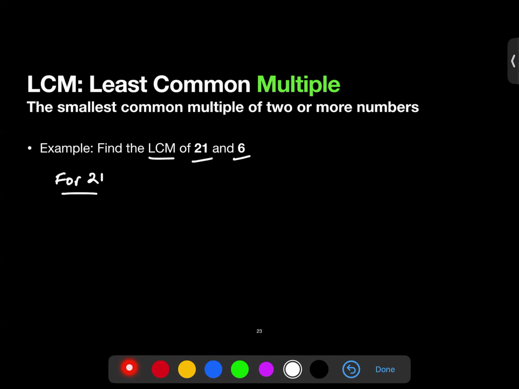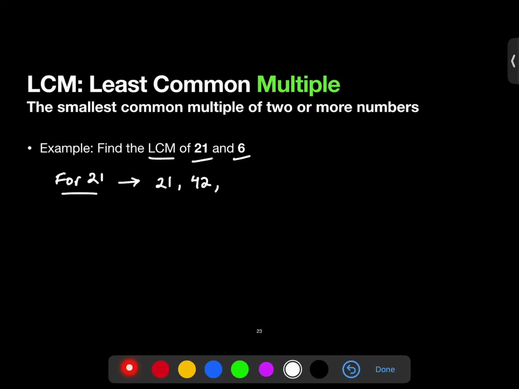One. 1, correct. So 21 times 1 is 21. Next, we'll try 2. So 21 times 2 is 42. 42, correct.